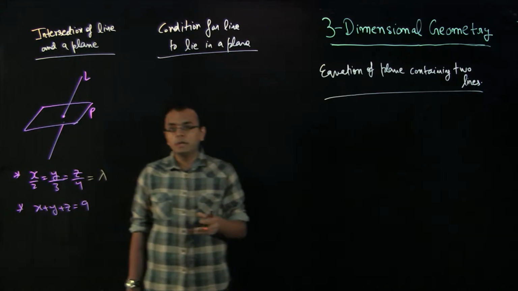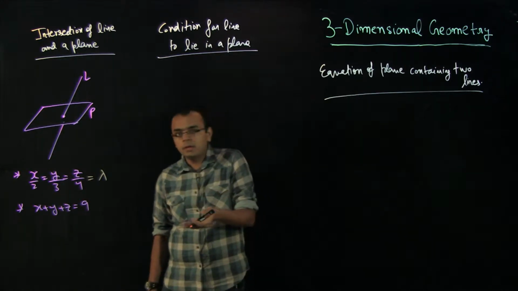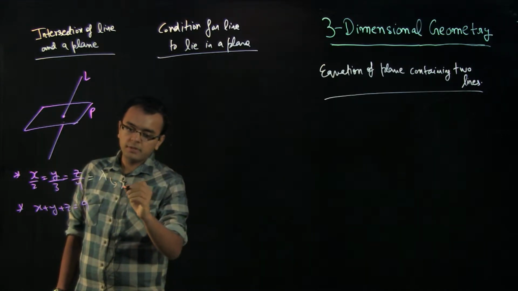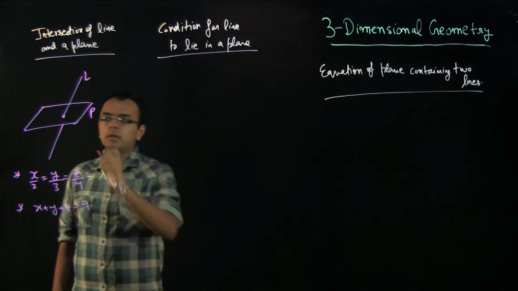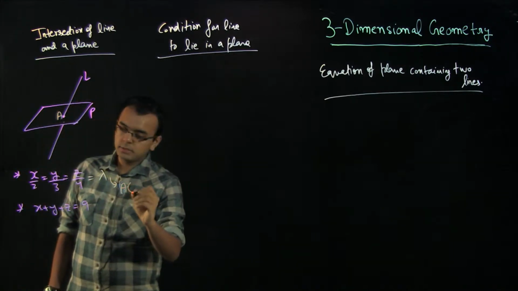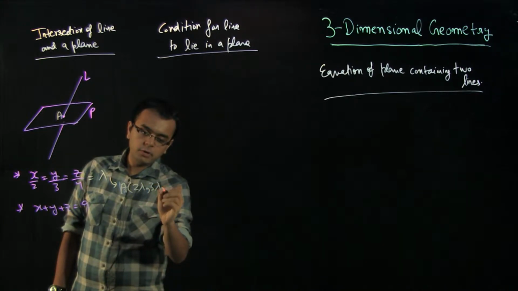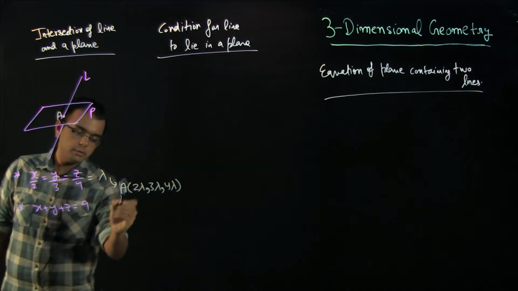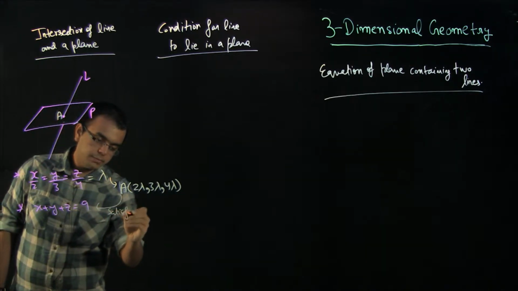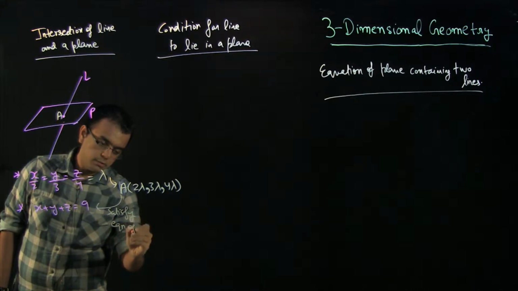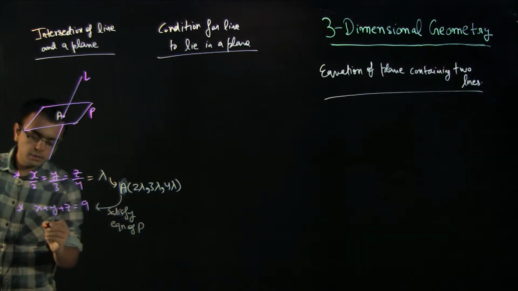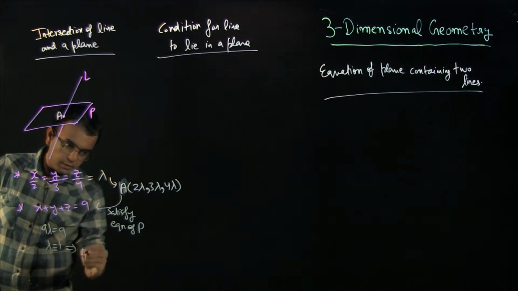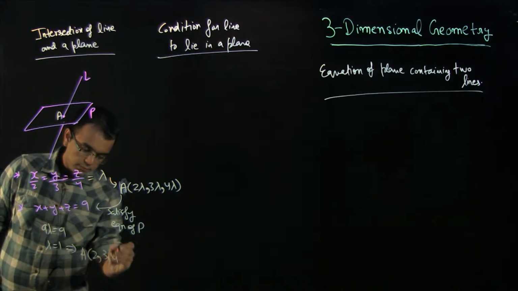Whenever you have to find a point which is on the line, you take a parameter lambda, and then you can write the point, let's say this point A, as 2 lambda, 3 lambda, 4 lambda, and then this should satisfy the equation of P. If you do that, this will become 9 lambda equal to 9, or lambda equal to 1, which implies that point A is 2, 3, 4.